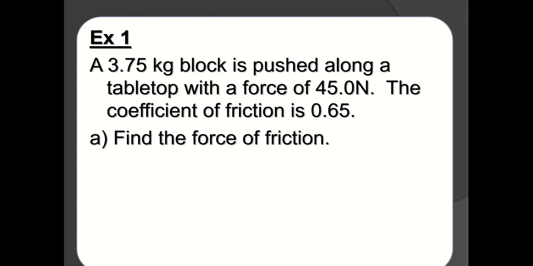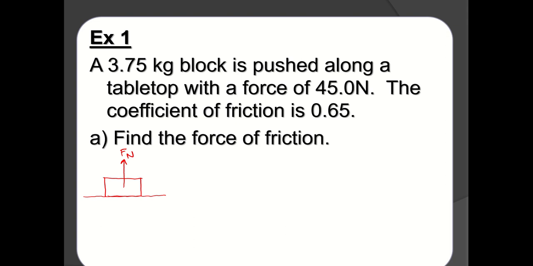So finding the force of friction, first let's make a diagram, include all of the forces. So let's make just a quick diagram, draw a box. All right, so that's our object. Now, perpendicular to the surface, so here's our surface, is going to be our normal force.